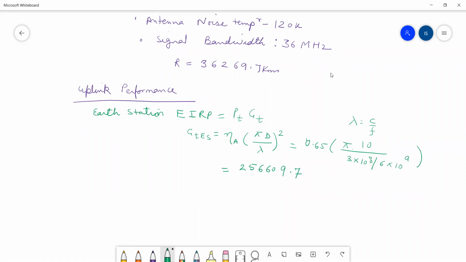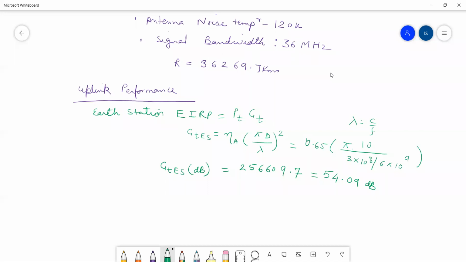Okay, this is the gain of the antenna. When we convert it into dB, using the formula I've already told, it will be 54.09 dB. So this is the gain of the earth station antenna in dB.